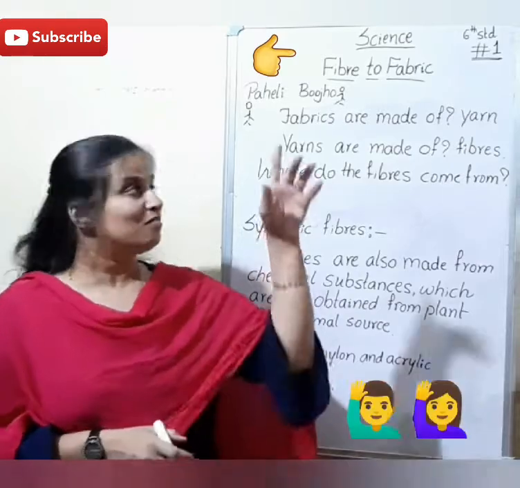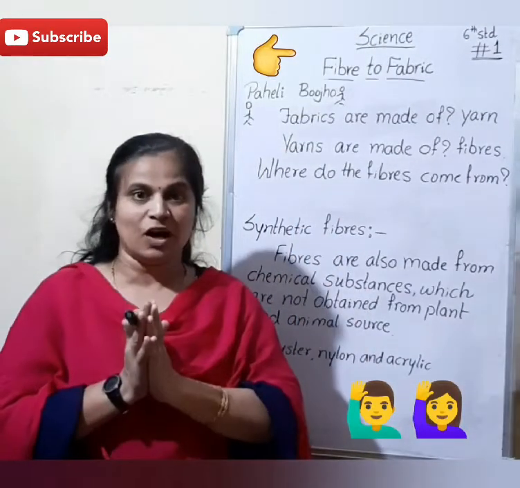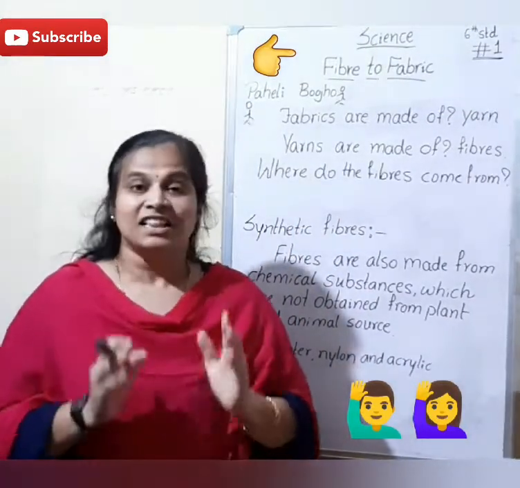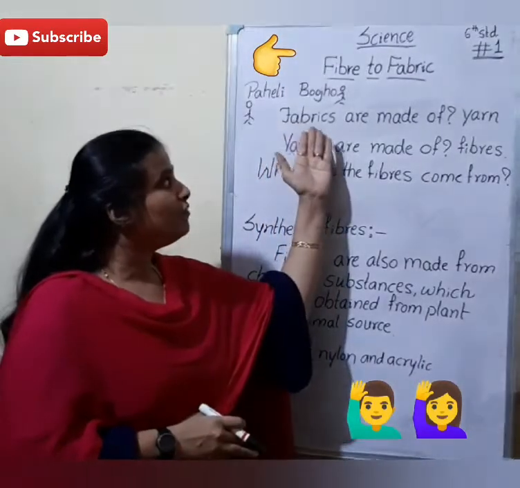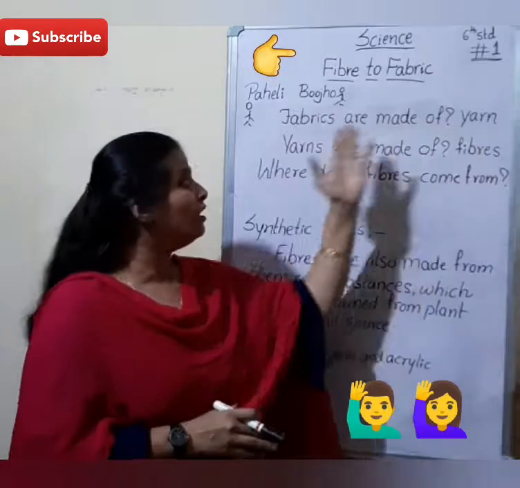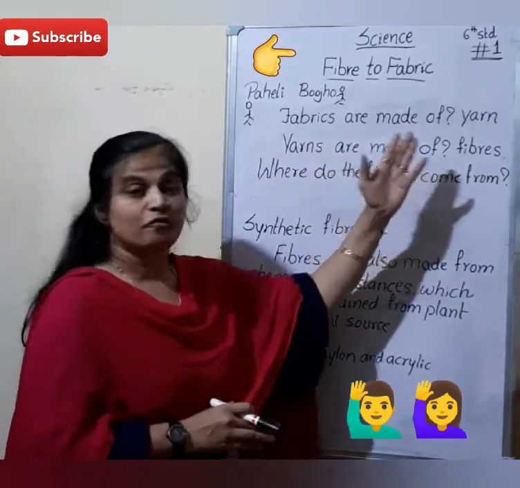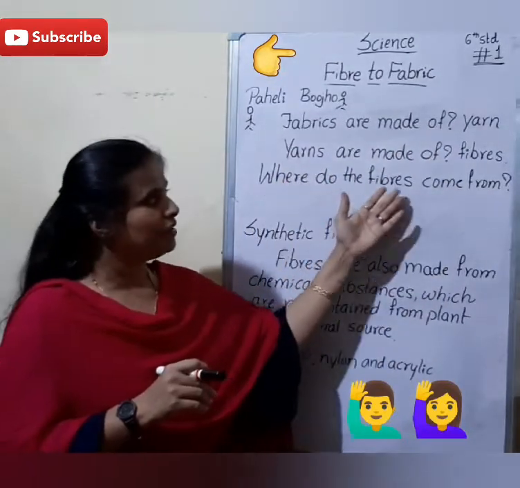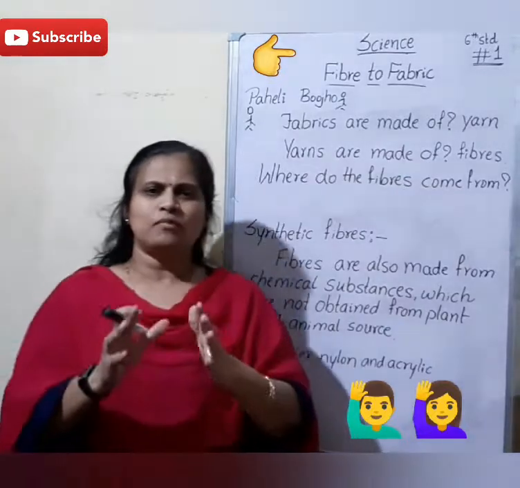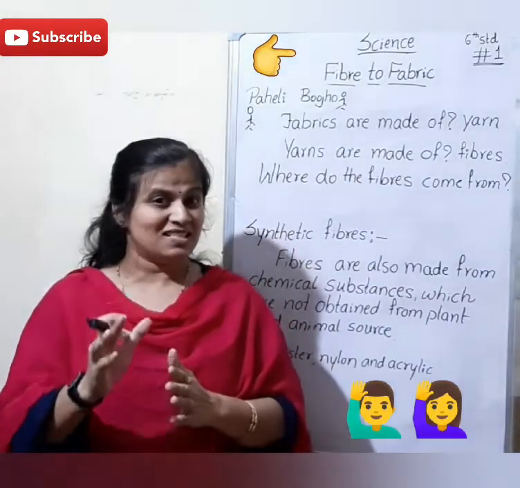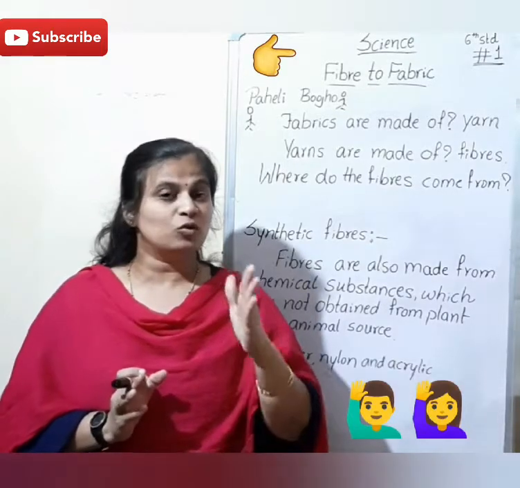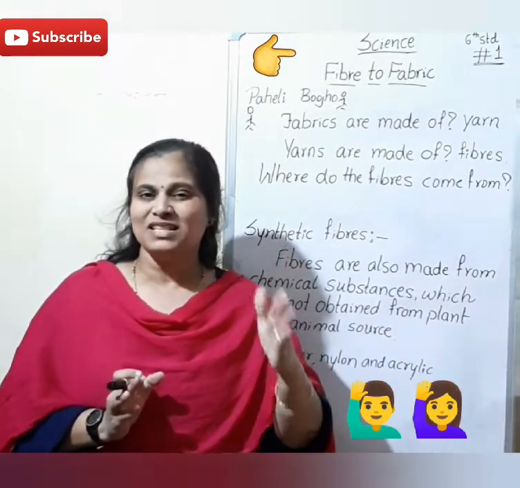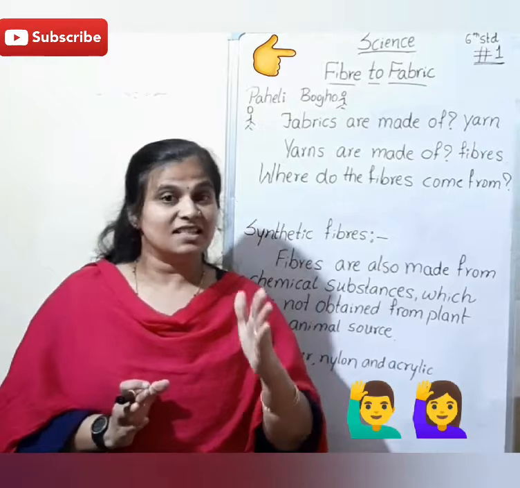I hope Paheli and Bujo are happy now, because in this class they have got clarity on the first question. Fabrics are made of yarn. Yarns are made of fibers. Fibers obtained from plants and animals are called natural fibers. Fibers made from chemical substances are called synthetic fibers.